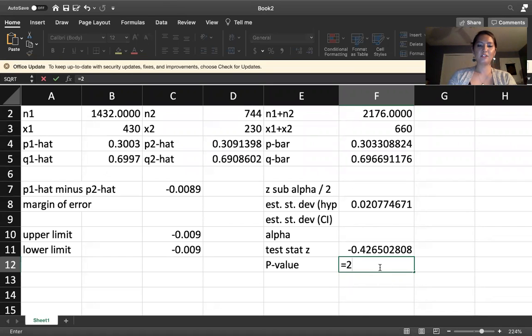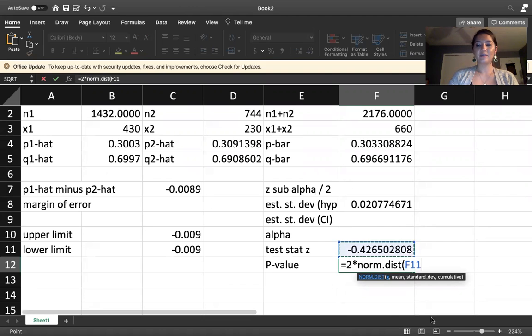Okay, so our p-value is 2 times the area to the left of z equals negative 0.43 approximately. So we want 2 times the normal distribution, and then we open parentheses, and the x value we want is actually this z-score, our test statistic. Now for a standard normal distribution, the mean is 0, the standard deviation is 1, and yes, we want cumulative area to the left, so we're going to type true there.